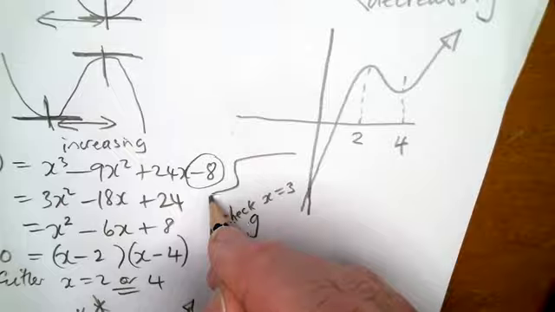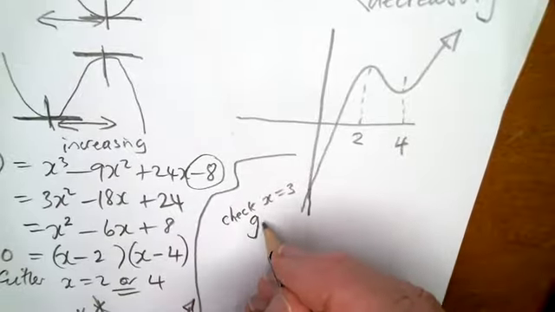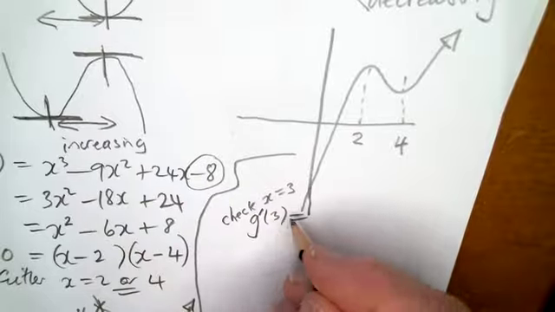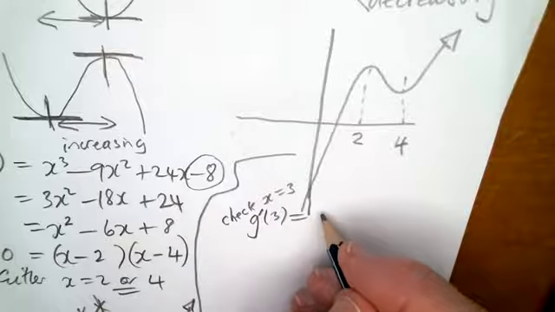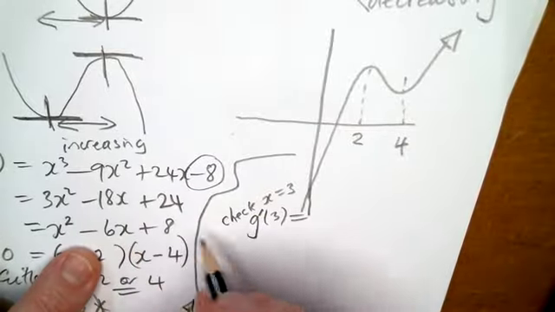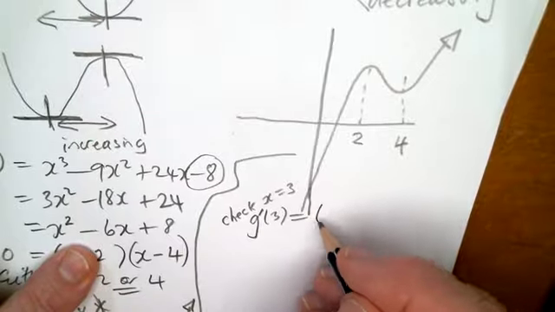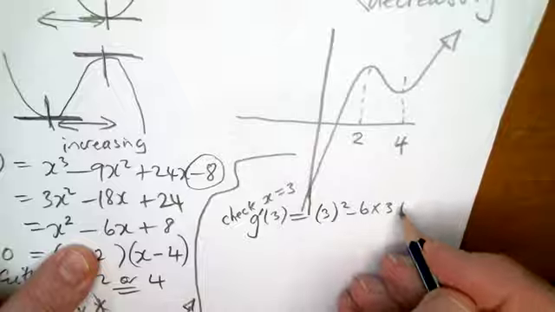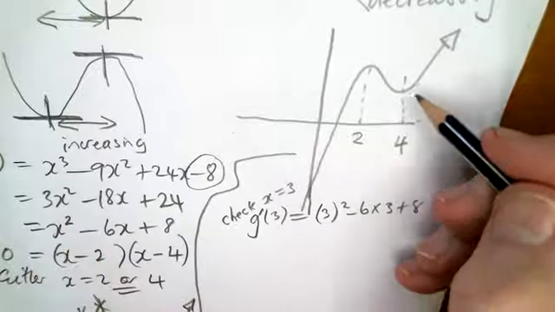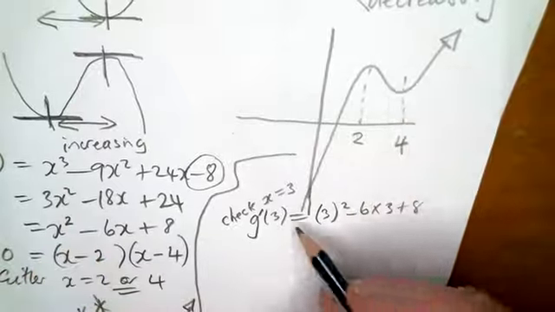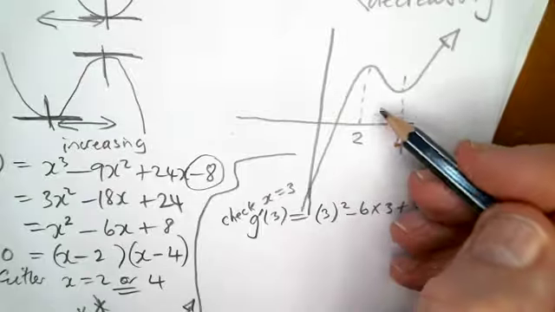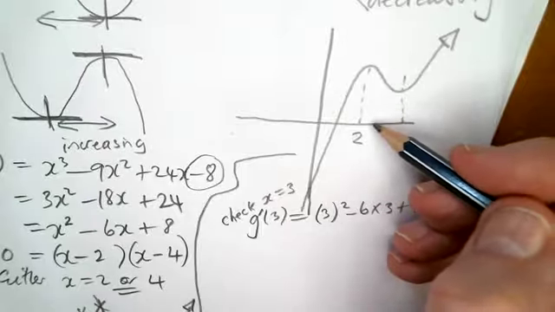So g prime 3 is going to be x squared minus 6x plus 8, which is 3 squared minus 6 times 3 plus 8. And what we're doing is we're saying, is this going to have a value which indicates it's decreasing, yeah? Okay, so let's have a look and see if that's true.